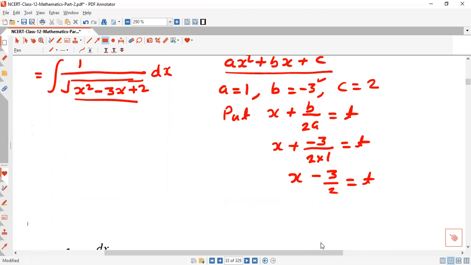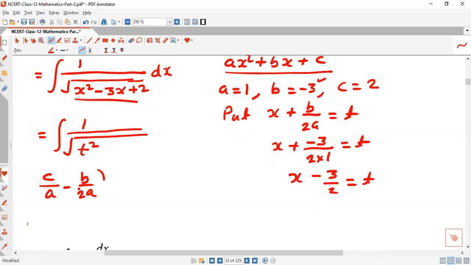Now this becomes 1 upon under root. The coefficient of x square is 1, so there is no need to write it. So t square. Next, we take c upon a minus b upon 2a whole square. c is 2, a is 1, minus b upon 2a is minus 3 by 2, whole square.